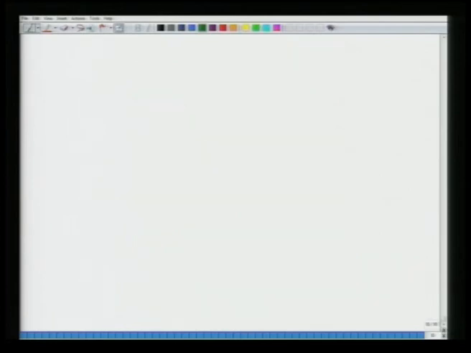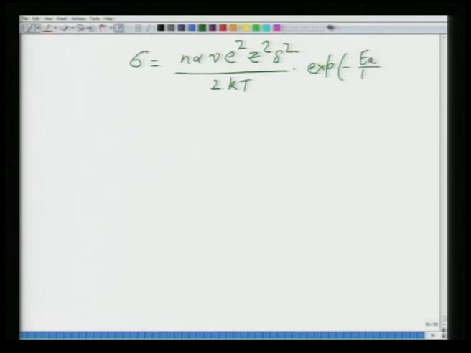So, your sigma is N alpha nu E square Z square delta square divided by 2 KT into exponential of minus E A by KT. So now you can see the relation with the previous expression.